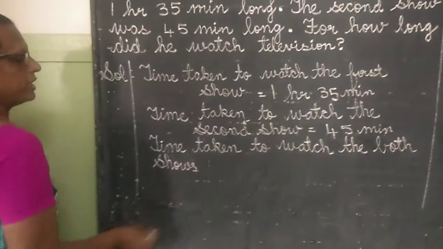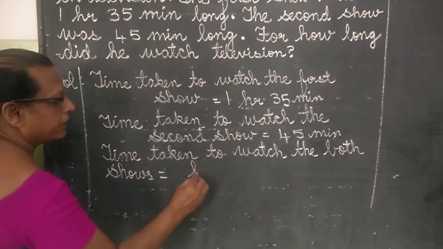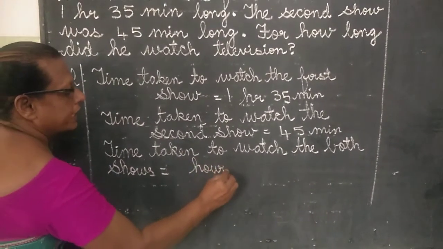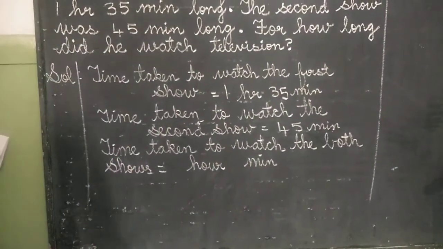So what you have to do, children? First you have to write H here, for hour. And then here I have written the short form for minutes. Okay children. So first one, what will come, children?